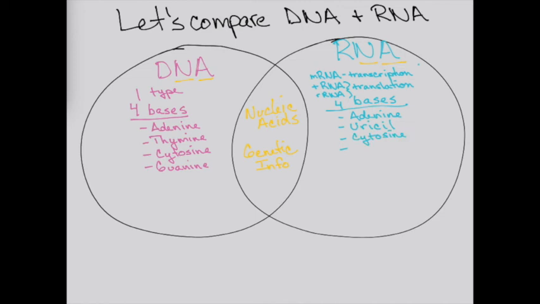RNA has cytosine, and RNA has guanine. So RNA and DNA have the same bases except for thymine. You'll never see a thymine in an RNA molecule. So if I ask you, is this an RNA or DNA molecule? You should, if there's a T, it's got to be DNA. If there are only U's, it's got to be RNA.